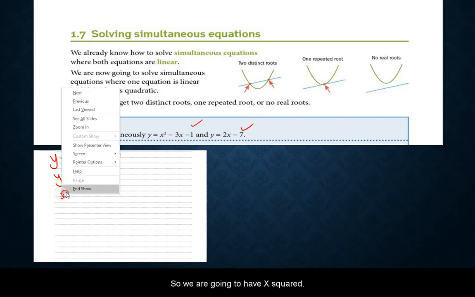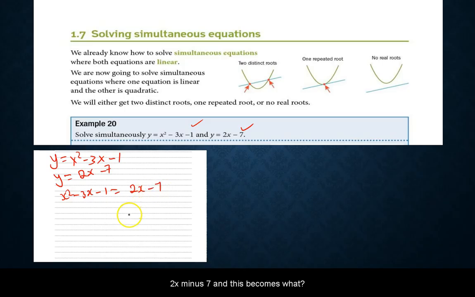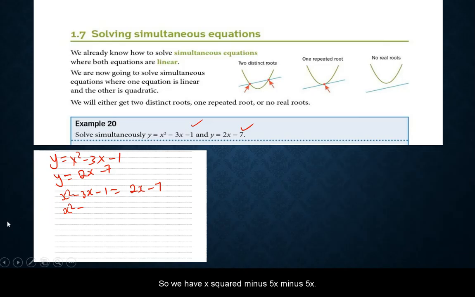So we are going to have x squared minus 3x minus 1, and this is equal to 2x minus 7. And this becomes what? x squared minus 5x.